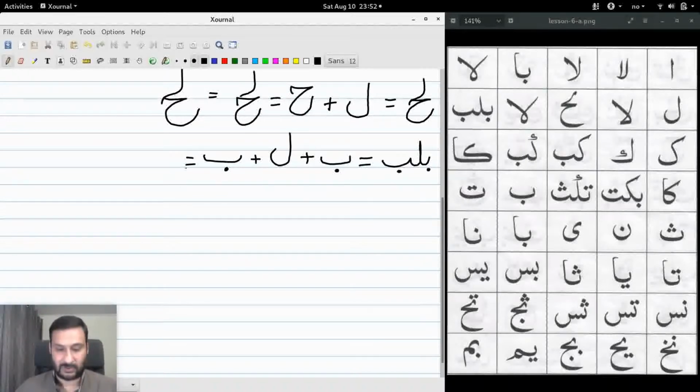But in word formation, when ba is in the first place in a word combination, ba appears like this, the first part only, and then lam also appears somewhat small, and then the last letter normally is written full, which actually becomes ba, and then you extend lam, and then you make another ba. So ba lam ba.